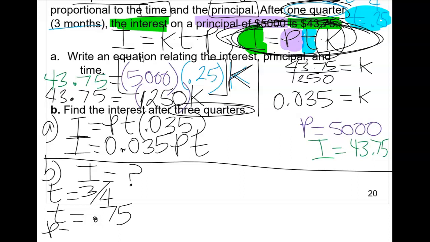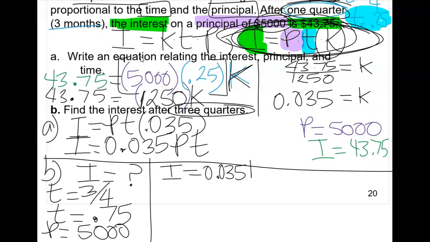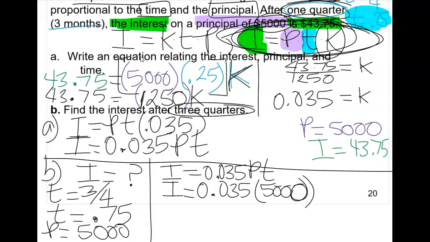And the principal, since they're not giving us a new principal, we will just take the same from here, 5,000. So we're going to substitute into the answer that we found for A. So I is equal to 0.035 times 5,000 times 0.75 for 3 quarters of a year.